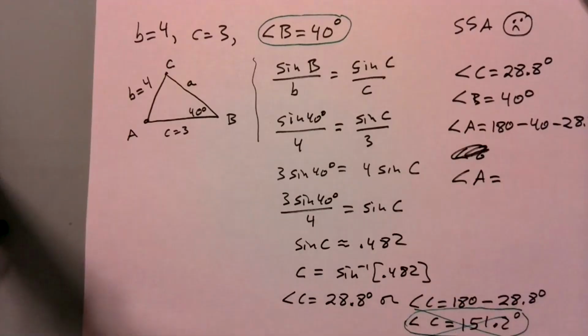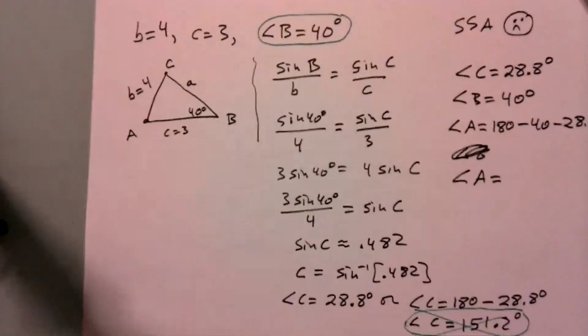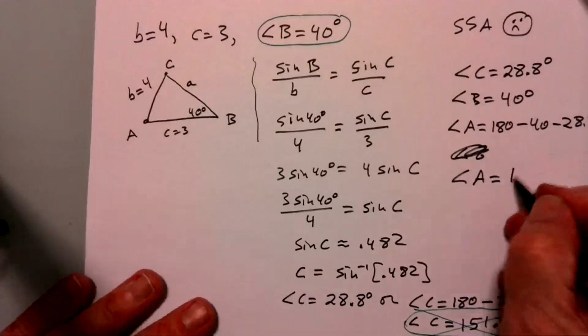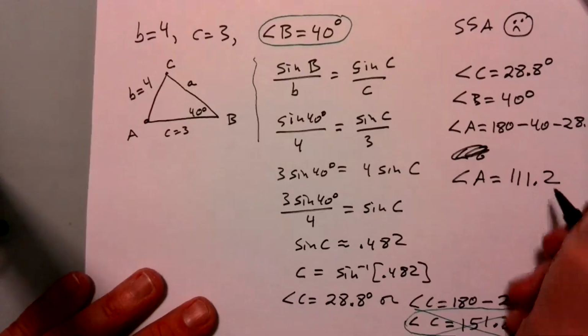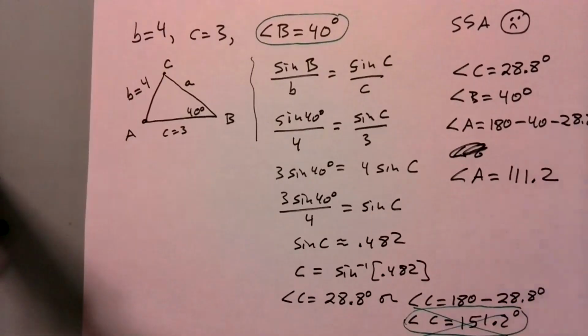So angle A is how much? 180 minus 40 minus 28.8, and I get 111.2. Only one solution. Our first SSA case, we had no solutions. Our second SSA case, we have one solution. And you'll recognize there's only one thing I'm missing.